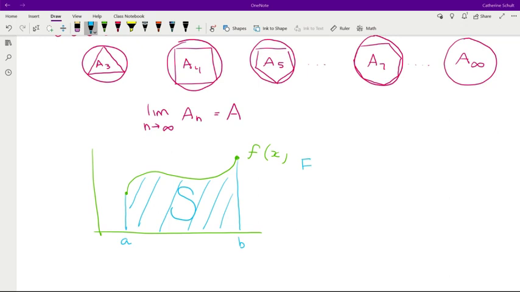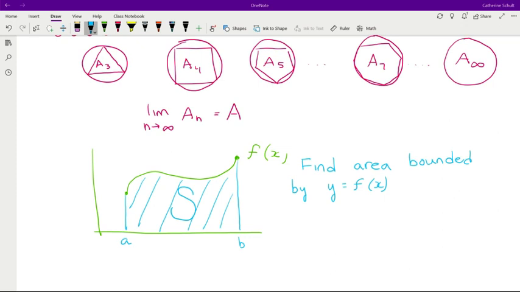We want to now be able to find the area bounded by the curve y equals f of x, and then these boundaries, right?